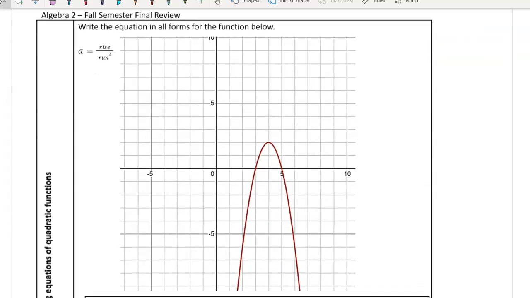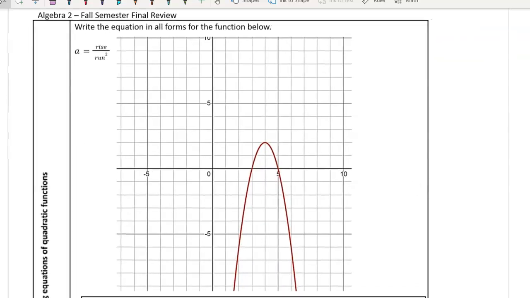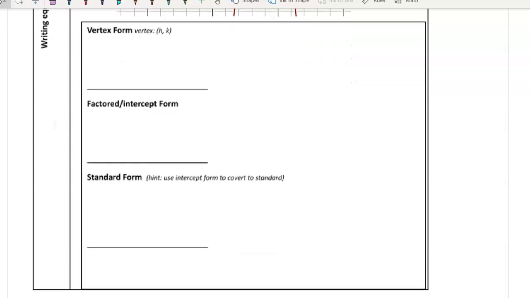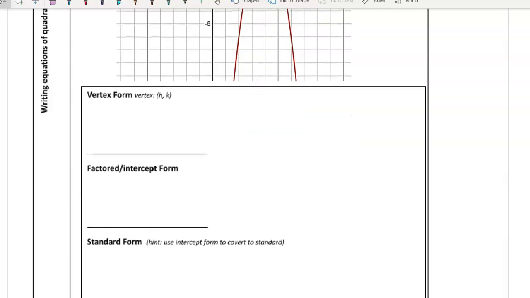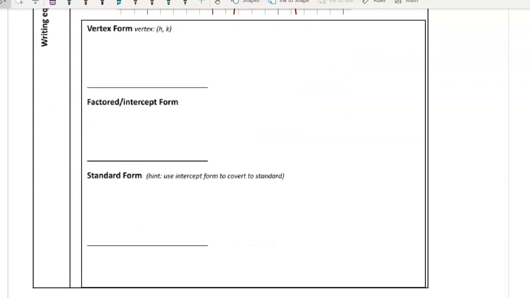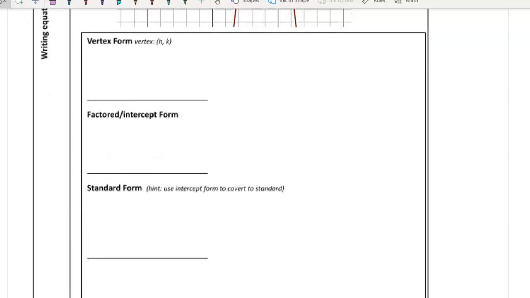All right, next section. Write the equation in all forms for the function below. All right, so it gives us a graph. And it wants us to write these equations in vertex form, intercept form, and standard form. So before we get started, I will tell you what these forms are written like.